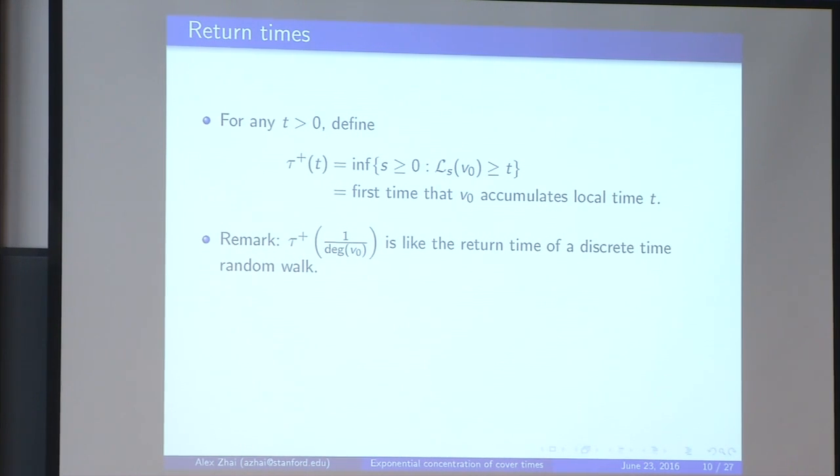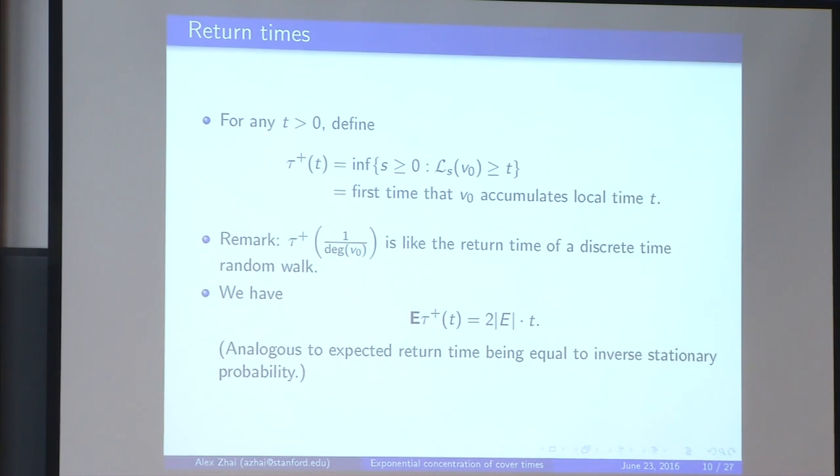For continuous time, it's kind of similar. The upshot is that the expectation we can actually compute explicitly. I won't go through all the computations, but analogous to the discrete time setting, the expectation of tau plus of t is simply 2 times e times t.